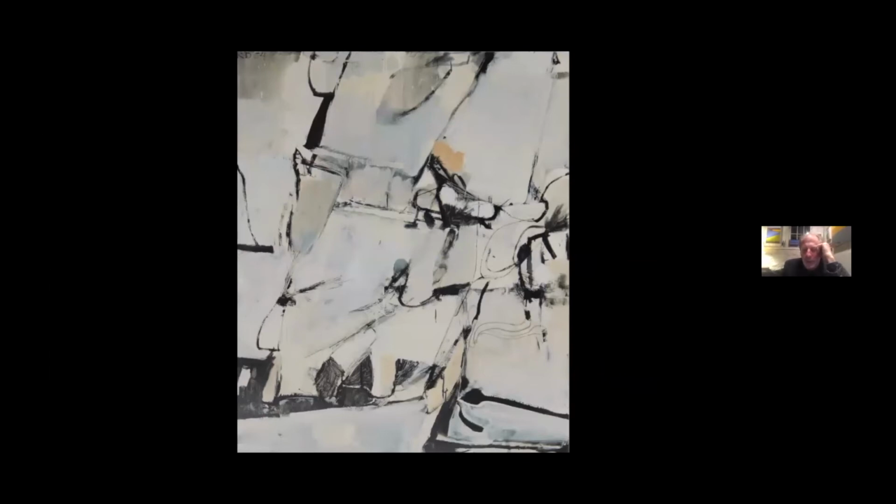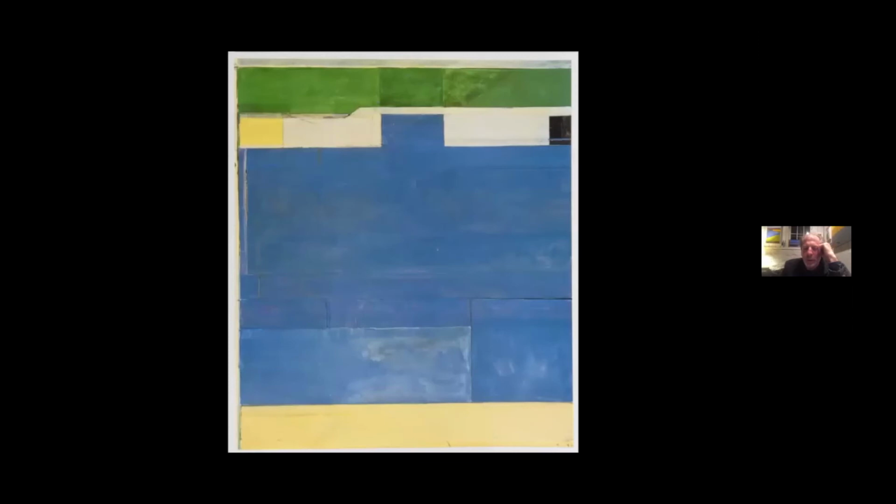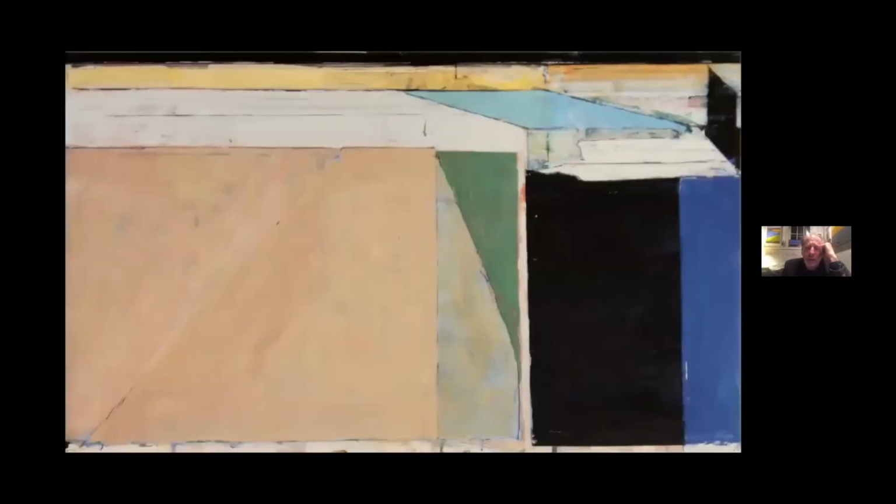Almost every modern colorist that I can think of went through a period where they stripped out the color. These are very late Diebenkorns. These are from the 80s of the Ocean Park series. And you can see that he was fascinated with perspective. Even when he was using just geometrical shapes, it still looks like telescopic perspective.